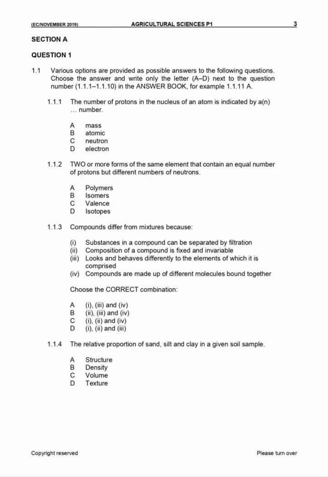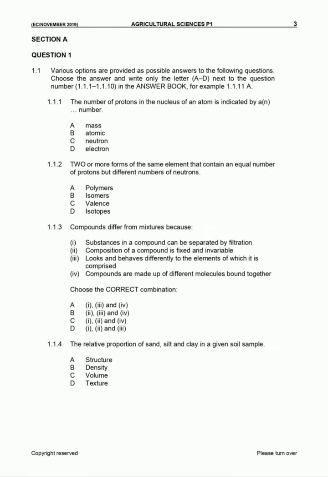So what is the correct answer there? Again, this takes us back to term one, guys. We've done chemistry in term one. The number of protons inside the nucleus of an atom is indicated by the atomic number. So B.